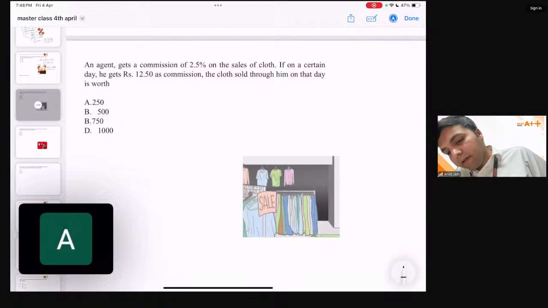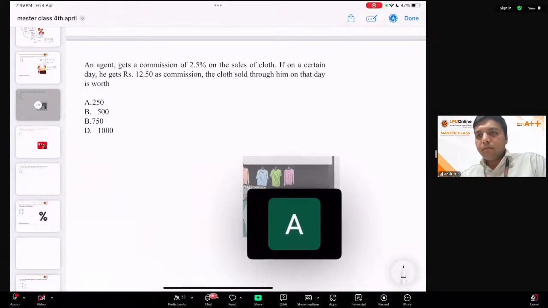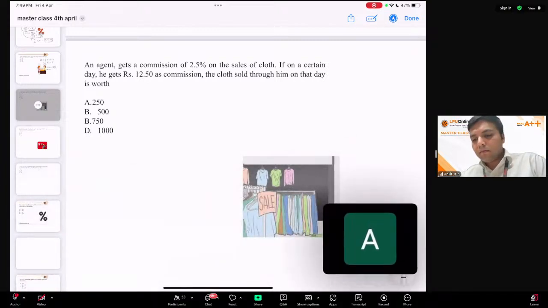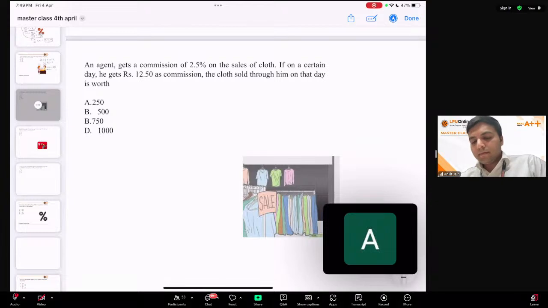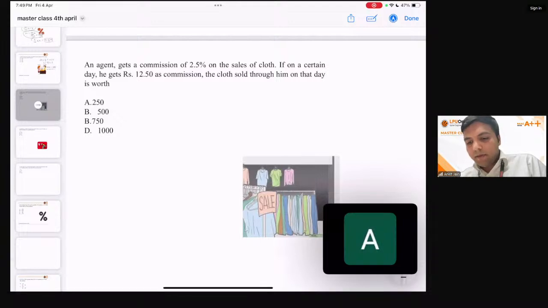Try to solve it orally first. Kavitri, give the right answer.